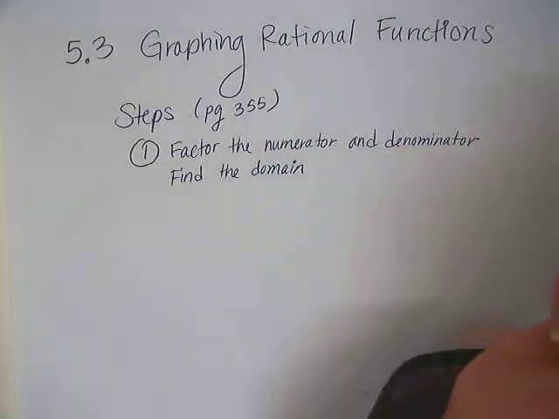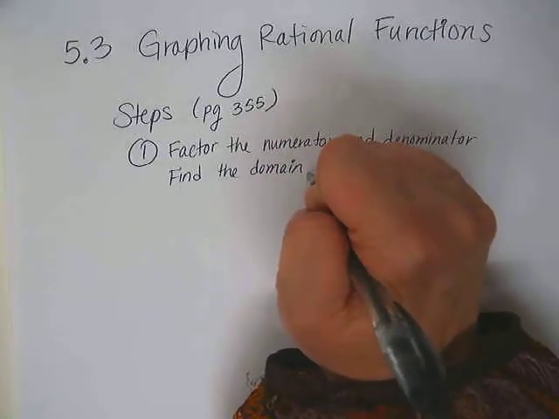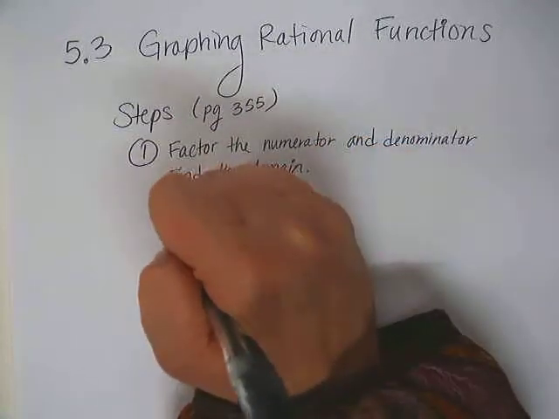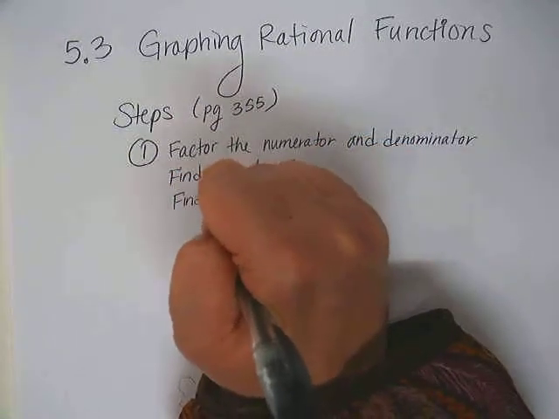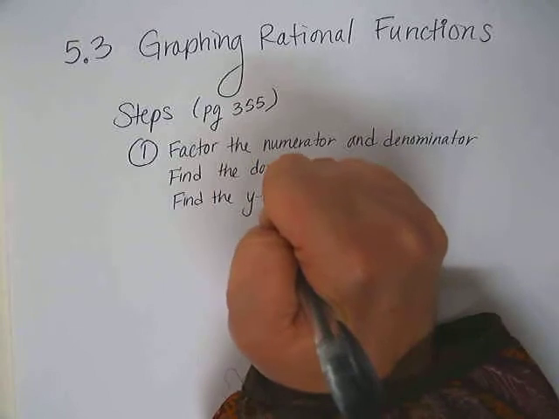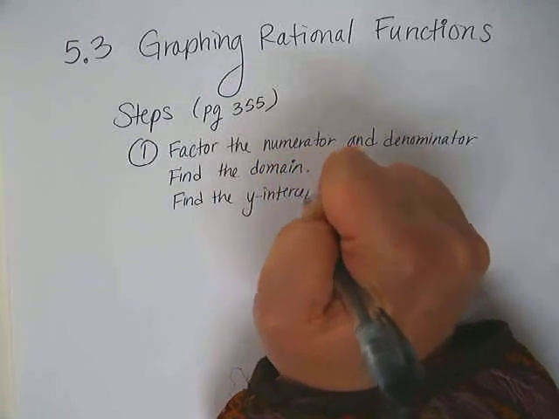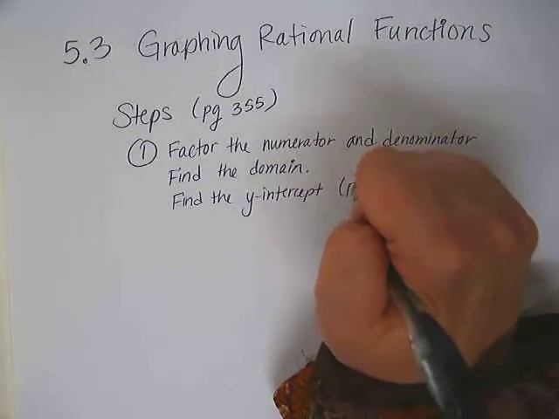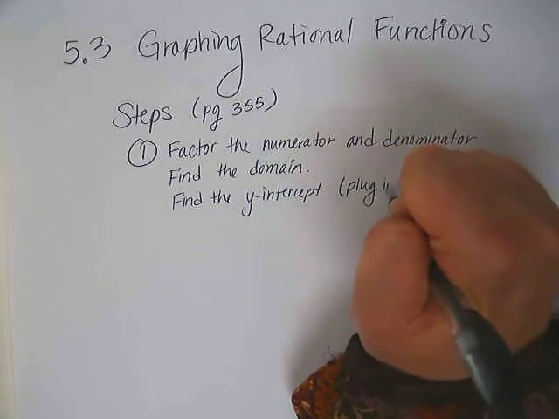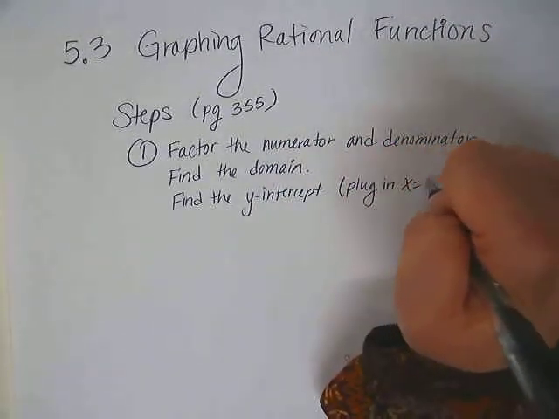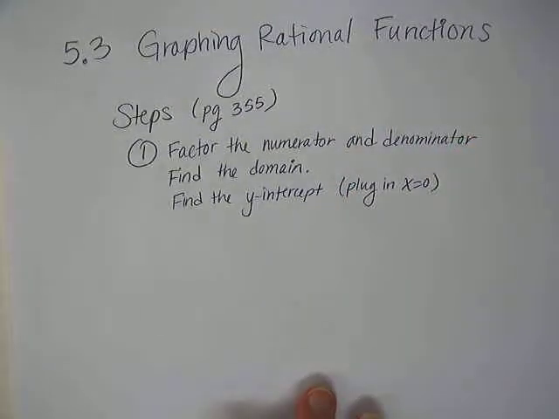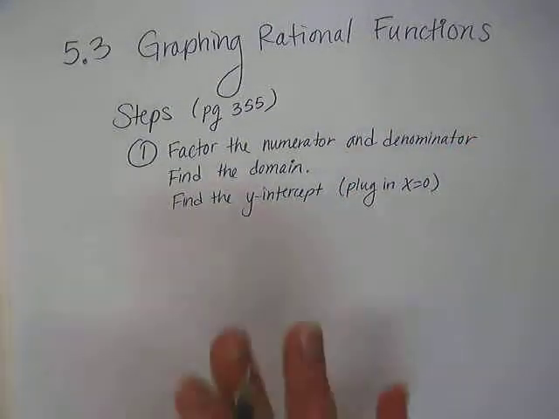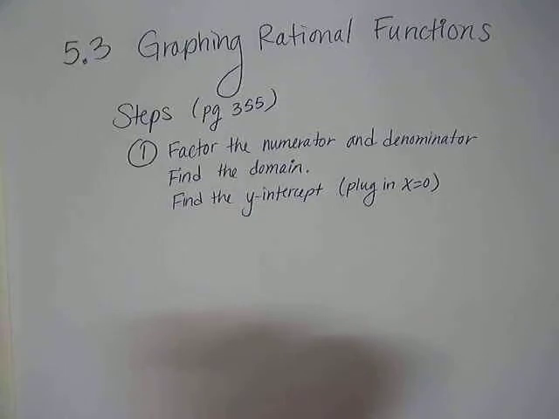Find the y-intercept. Do you know how to do that? So to find the y-intercept, you just plug in 0 for x, right? This is all step 1. Okay, so step 1 is factor, find the domain, find the intercept. I realize that's kind of weird to have that all as one step, but okay.